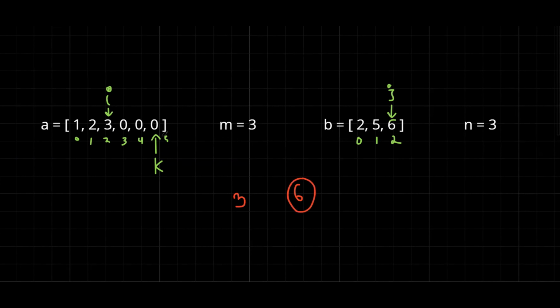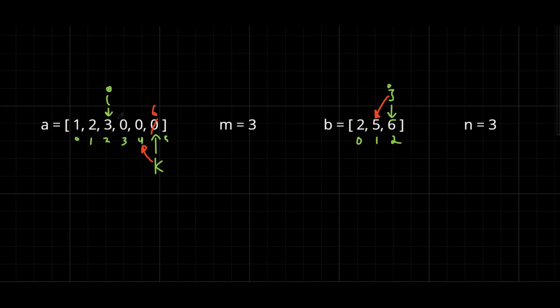So we have to insert 6 here, and we have to update our current pointer k. Now k is pointing to this element. And as we put 6 here from the second array, we have to also update j. So our j is pointing to this 5, and our i is still pointing to this 3.